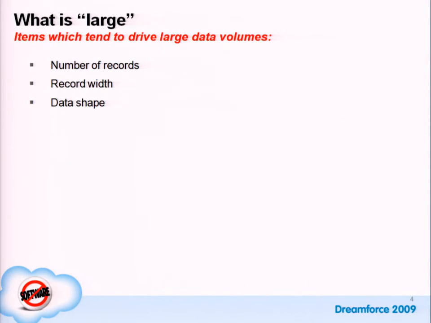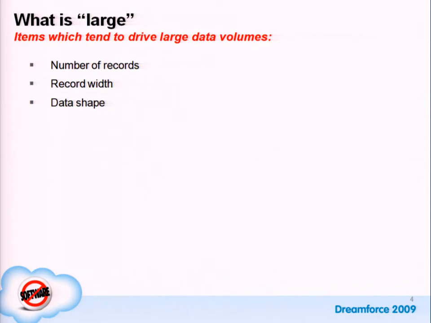So what is large? First and foremost, a large volume of records tends to be defined by just the number of records or the number of rows that are in the database on a particular object. But there are other things that drive volume as well. So there's the width of the record. As you know, if you have been Salesforce users for a while, we can have up to 500 fields on any standard or custom object.